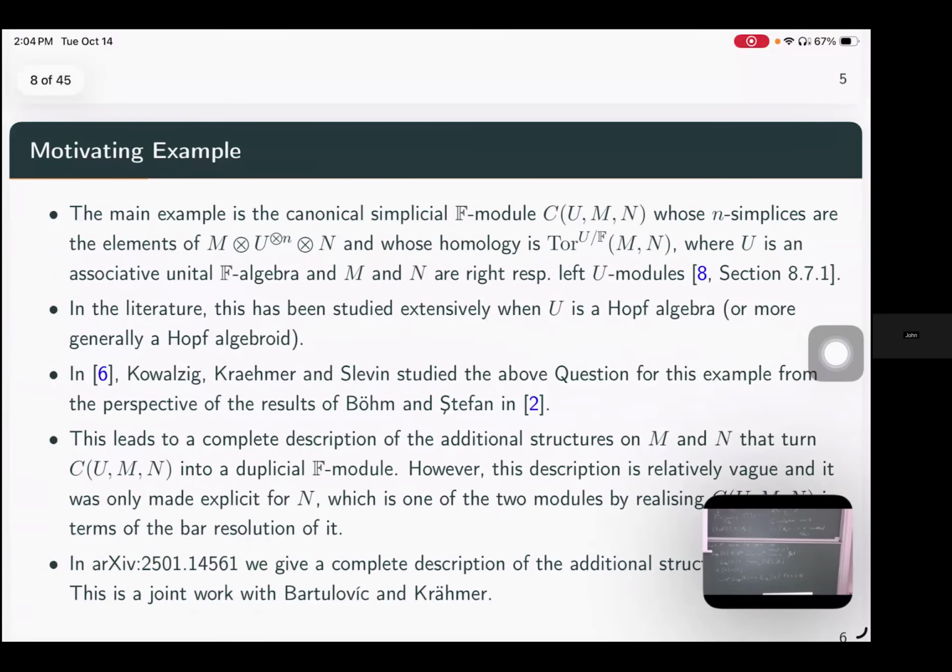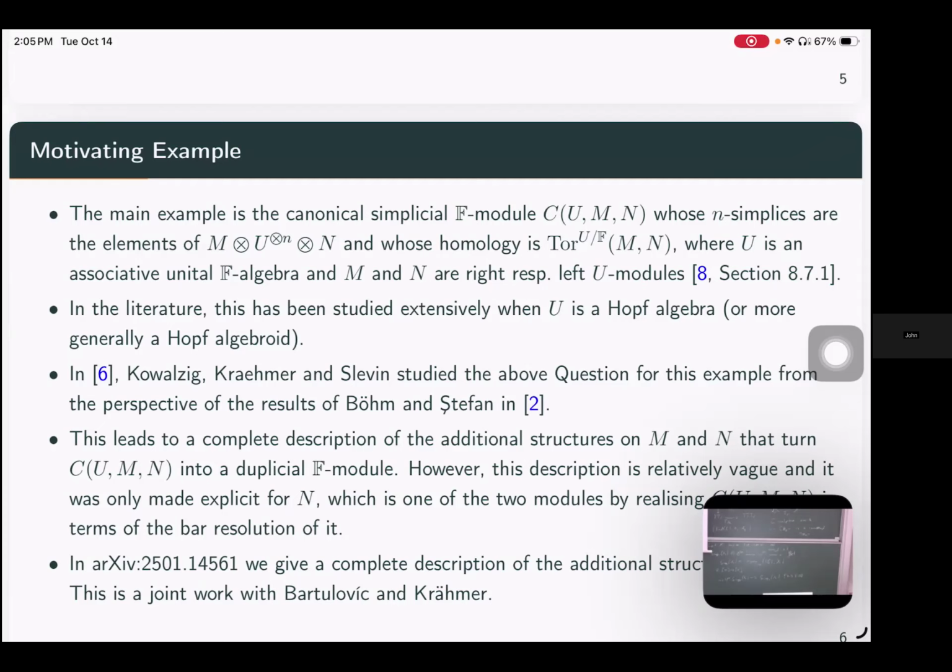And the main example is the canonical simplicial F-module whose n-simplices are the elements of M tensor U tensor with itself n times tensor N, and its homology is Tor with M and N being coefficients, and we have U as an associative unital F-algebra.